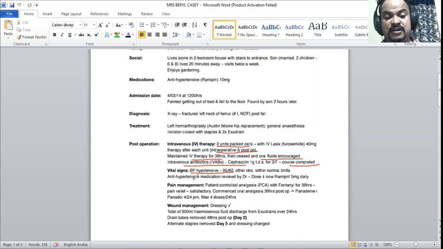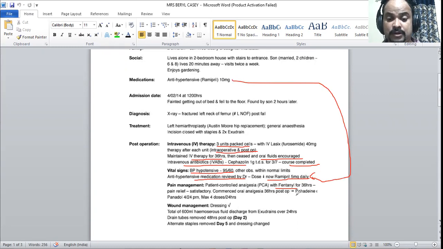Now reviewed by the doctor, and the medication reduced from 10 mg to 5 mg. For the pain management, fentanyl was given initially. Now they are giving Panadol. And next is the dressing.